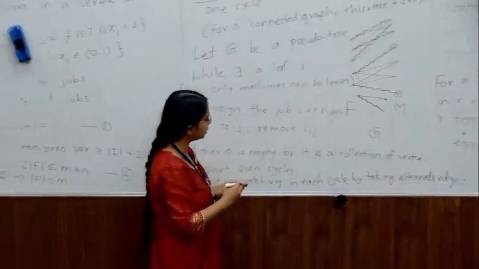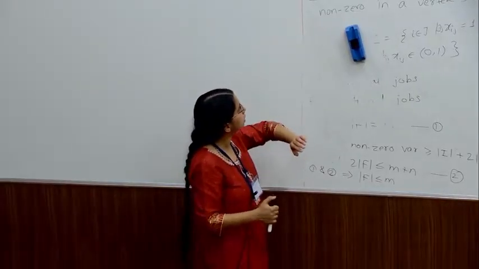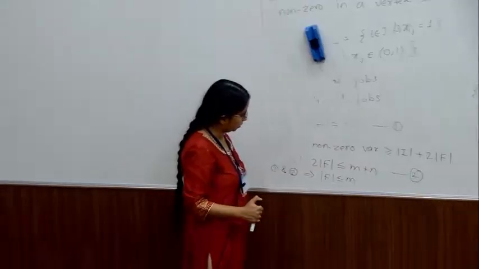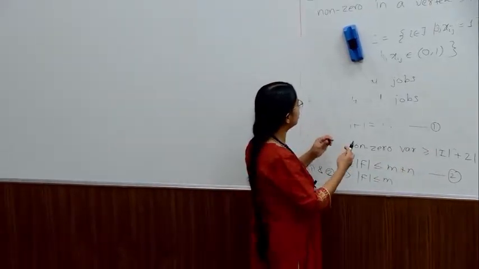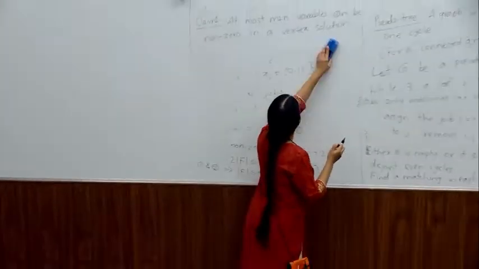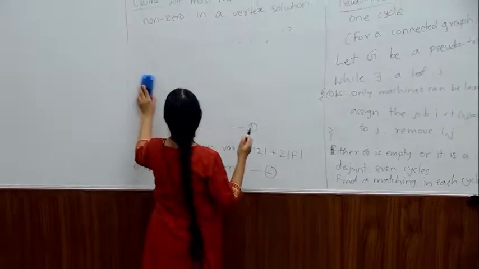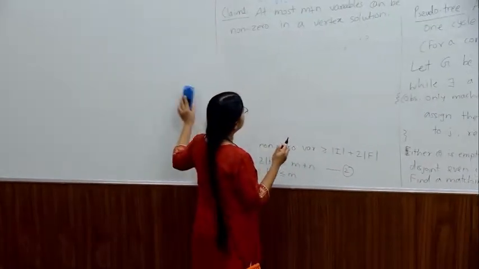What is the number of edges? So there are at most m plus n non-zero variables. Minus |I| has to be subtracted. Because we said that for a pseudo tree, the number of vertices and edges should be equal. At least that should hold here.